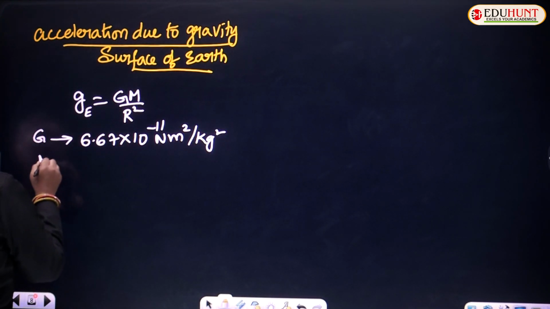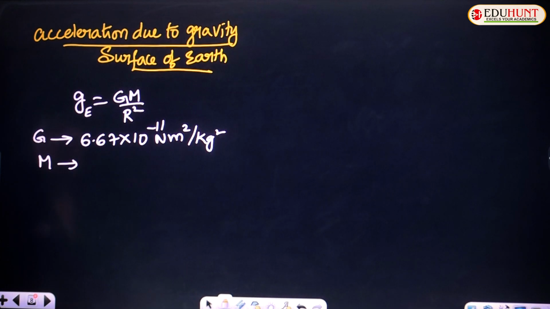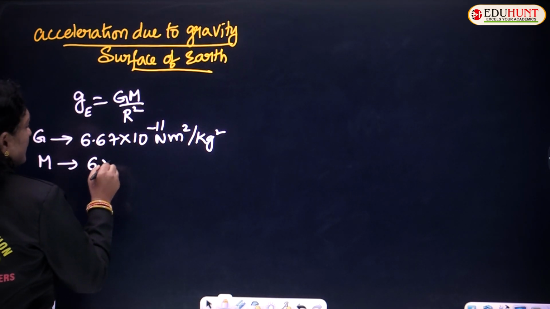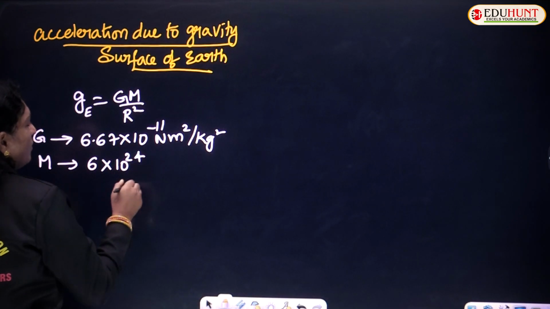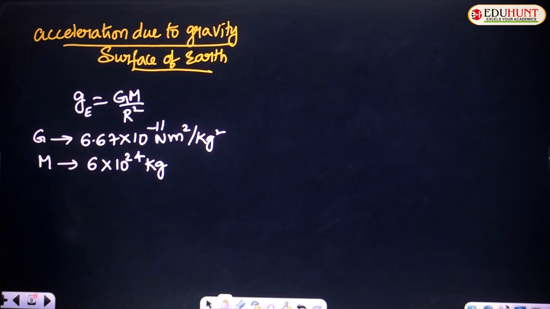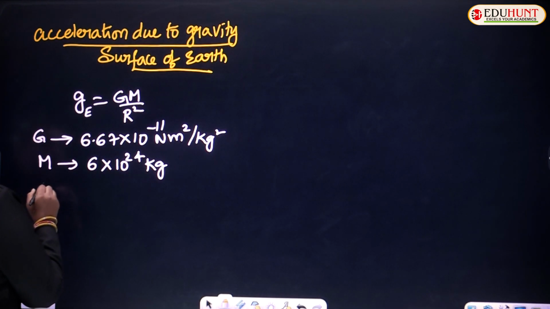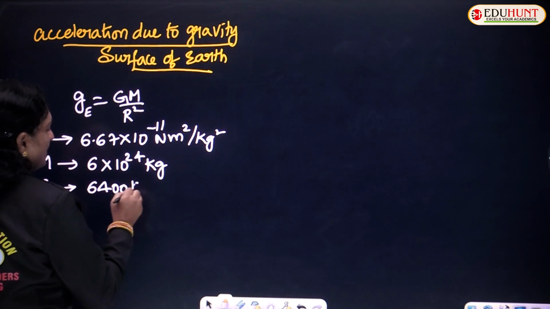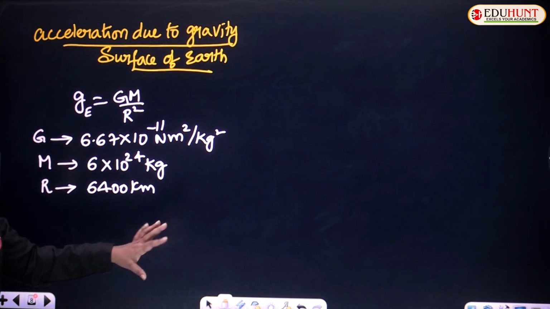The value of mass, here mass of the earth, children, remember that the mass of the earth is 6 into 10 power 24 kg, whereas the radius of the earth is 6,400 kilometers. So these are the generalized values, children.